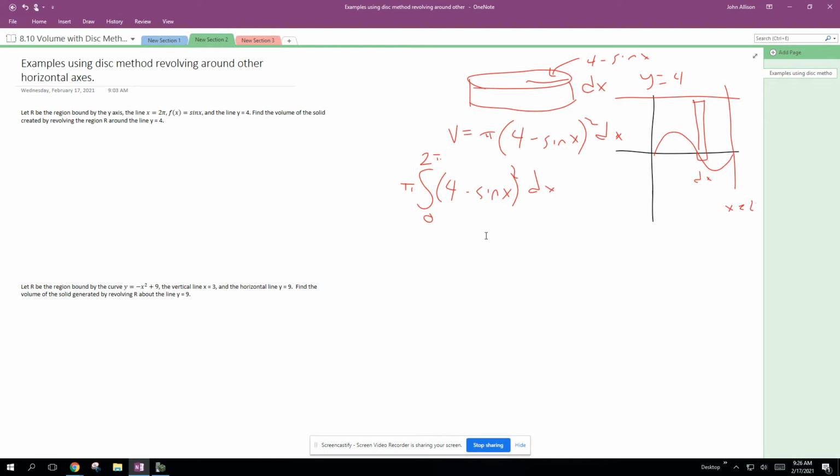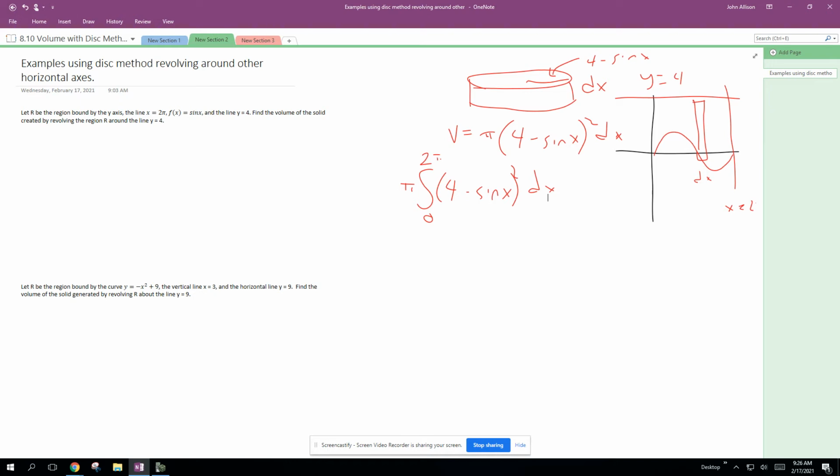Then inside, I'm going to put in parentheses, and inside the parentheses again, 4 minus sine x. Close the parentheses on the sine x, close the parentheses on the 4 minus sine x, then square that. Make sure that quantity is squared, and then times dx.